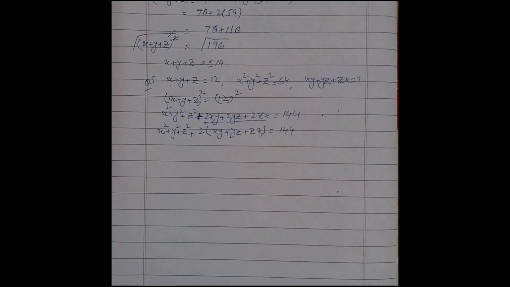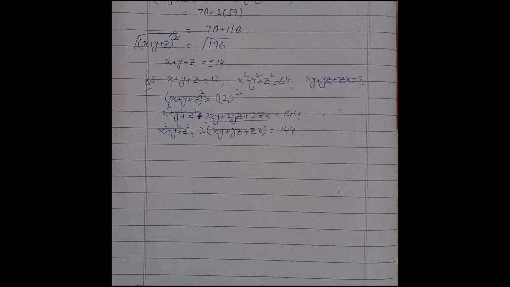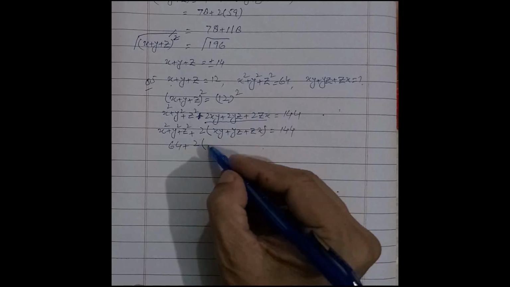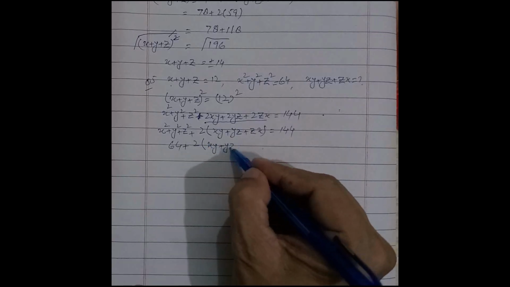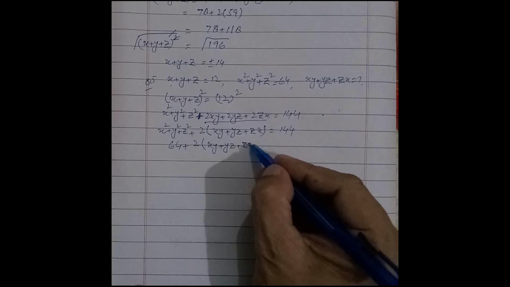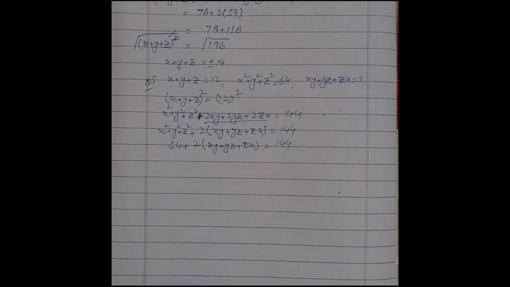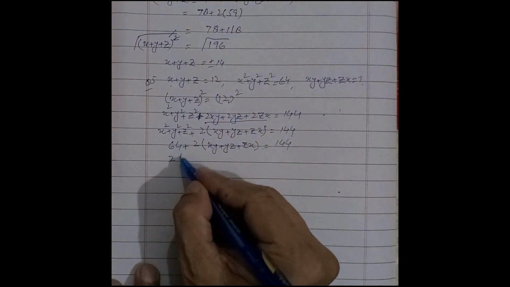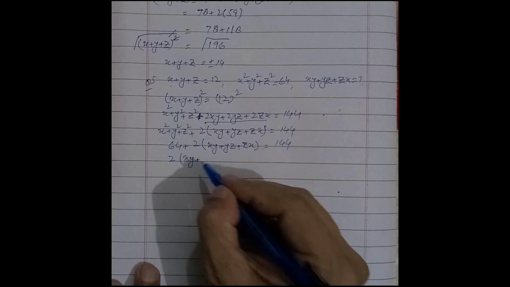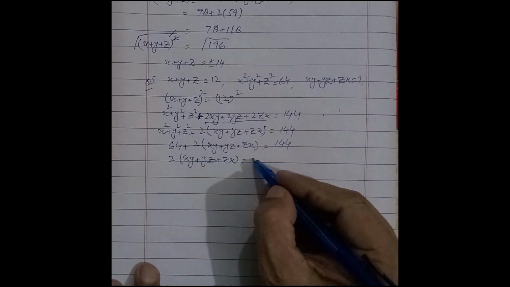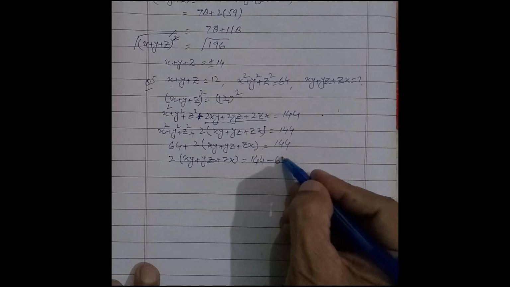Now we put the values of x square plus y square plus z square, which is 64, plus 2 into (xy plus yz plus zx) is equal to 144. Now we shift 64 on the right hand side. We get 2 into (xy plus yz plus zx) is equal to 144 minus 64.